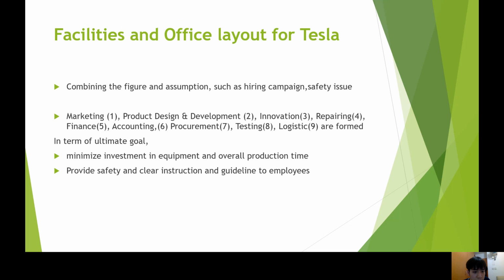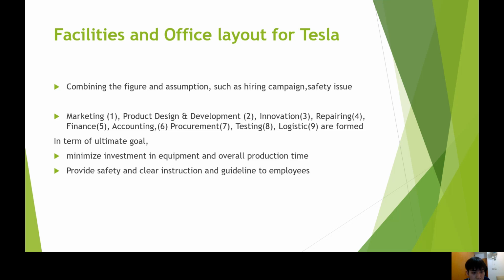Also, it's noted that the model will combine the figures and the assumptions, such as the safety concern recently and the sales campaign recently held by Tesla. And it finally comes up with 9 departments, for example, finance and accounting, marketing and logistics.